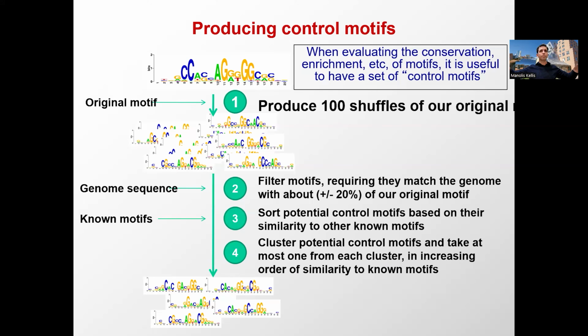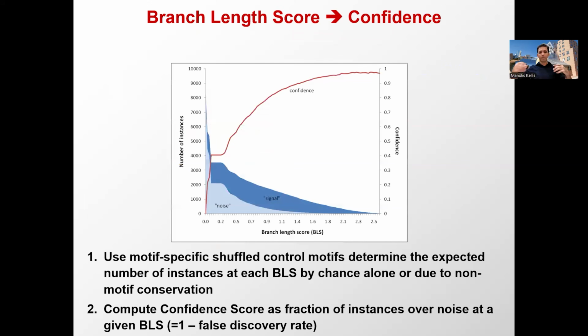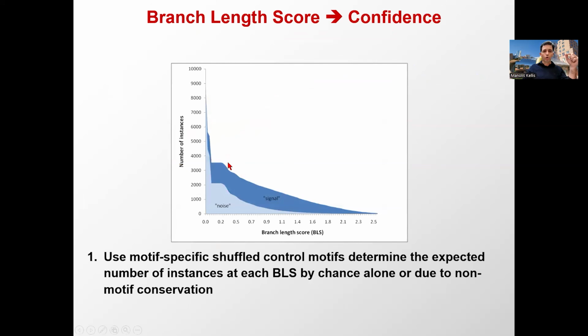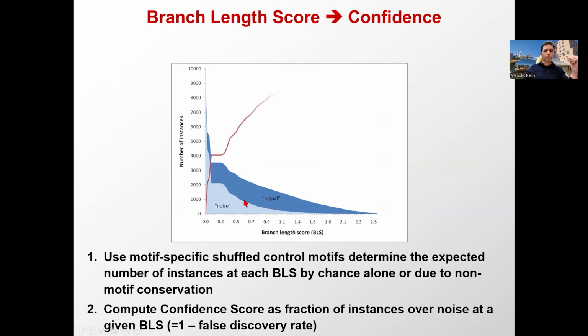Everybody can hear? And what's really cool now is that you can take your real signal, you can take your shuffled motifs, and at every branch length score, you can ask how much more conserved is it than what I would have expected by chance. And that ratio gives you the confidence with which a particular instance is real.